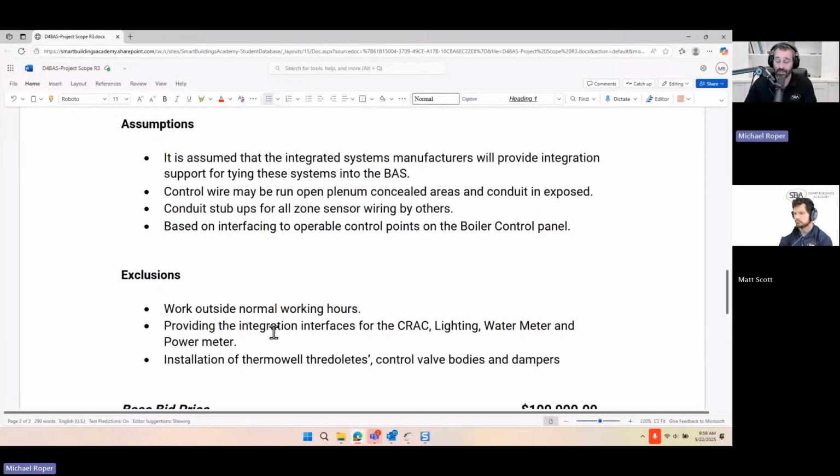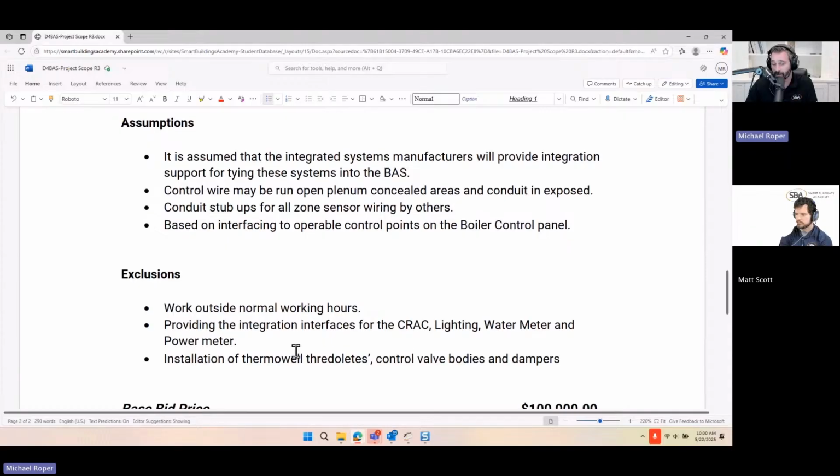And then exclusions. These are things we're not going to include at all. So we're not going to work overtime. Make sure they know that. And that's in the spec too. Sometimes they might want you and expect you to work overtime, and you might choose to do that, but at least you excluded it here if you have that option. And then providing the integration interfaces is by others. We don't want to provide those.